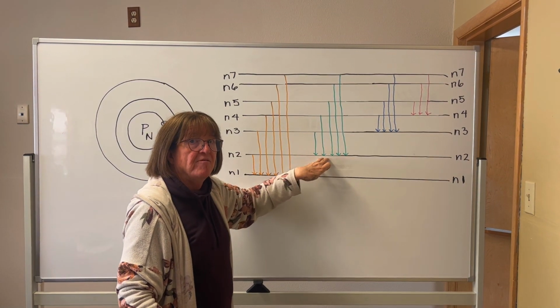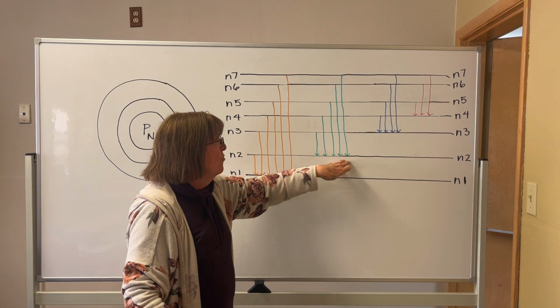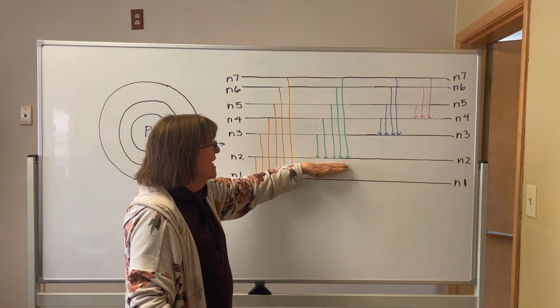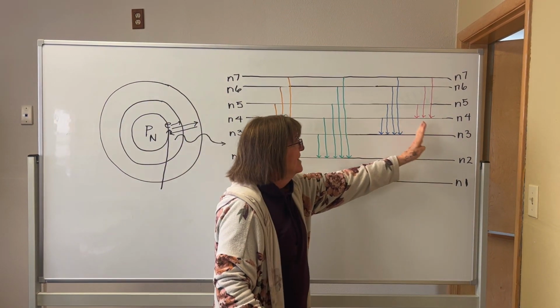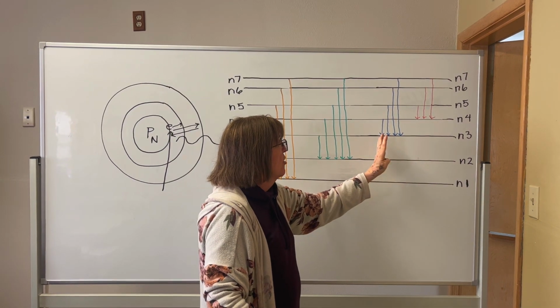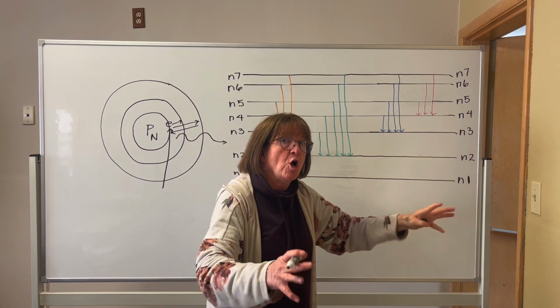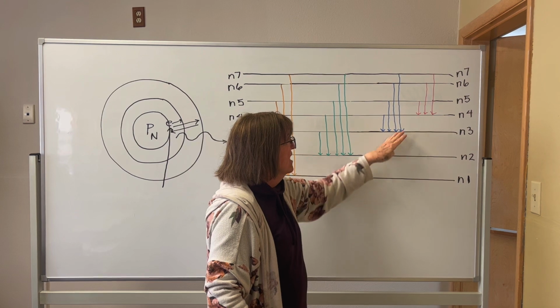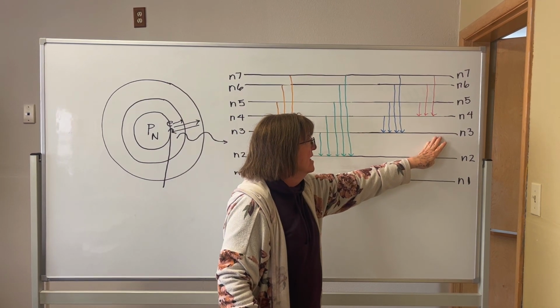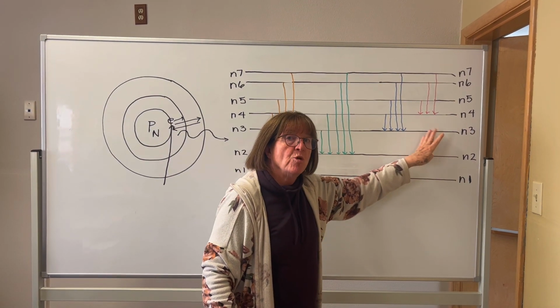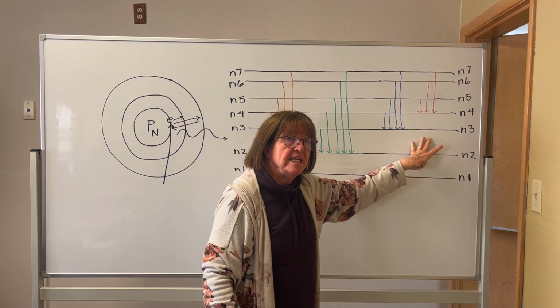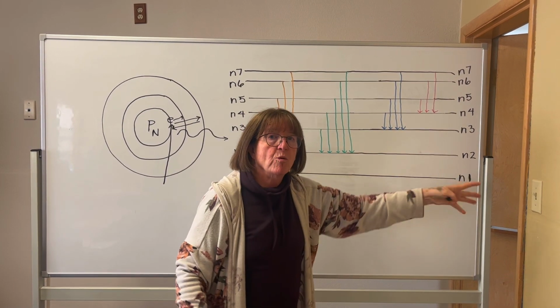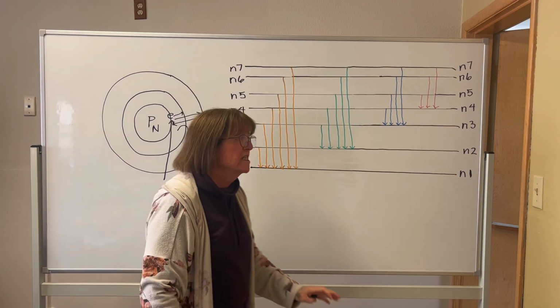So we'd get a visible spectrum within falling down to N2. These last 2 groupings are such low energy that they actually are in the infrared range. So we wouldn't visibly see these, but you can record them with detectors, so he knows they were there.